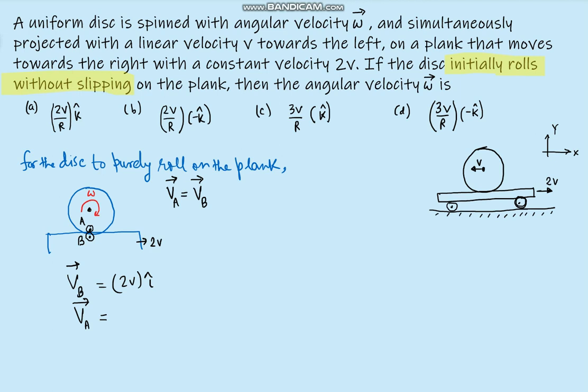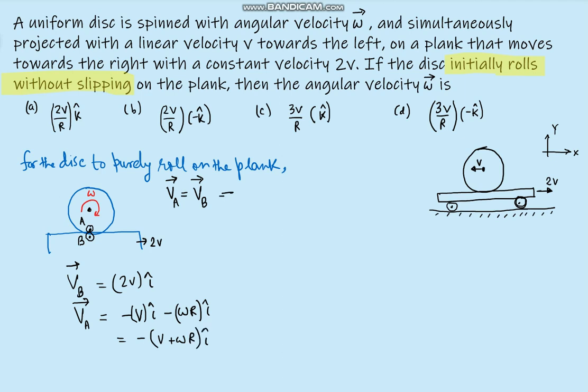So VA will be equal to, see the center is moving to the left, that is minus V i, and due to omega also it is moving in the other direction, that is minus omega R i. So VA is negative of V plus omega R, times i, as per what we have taken.